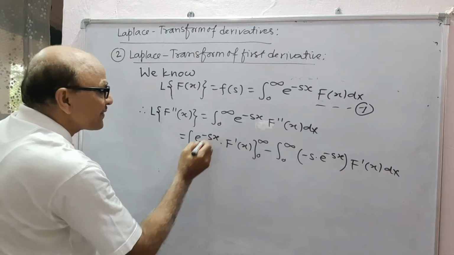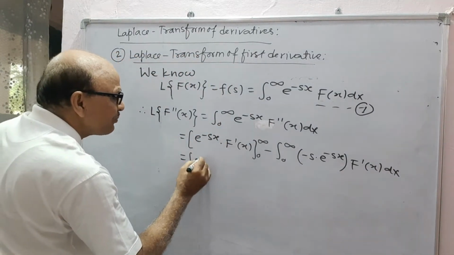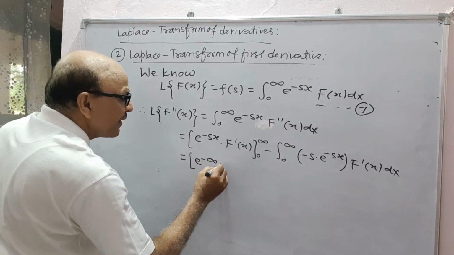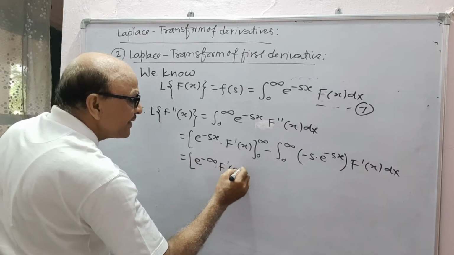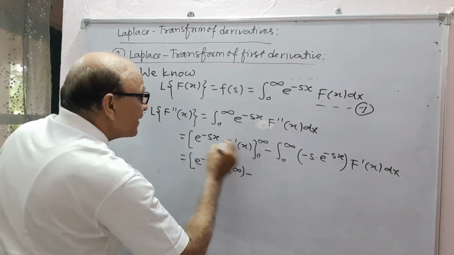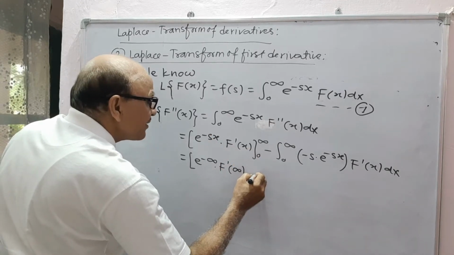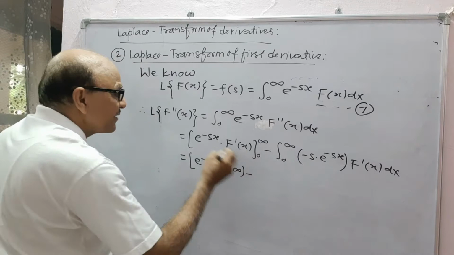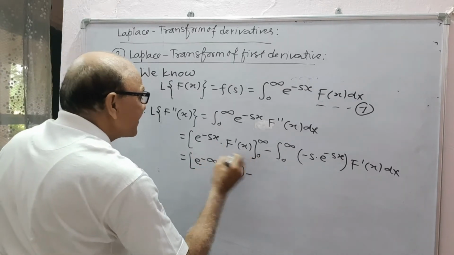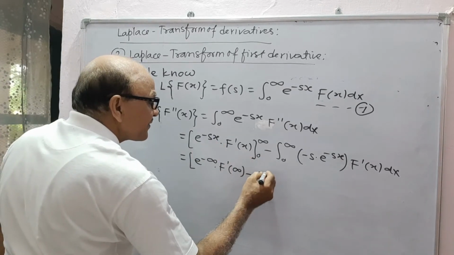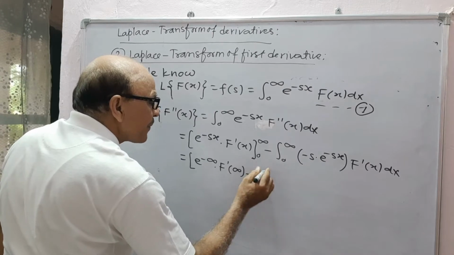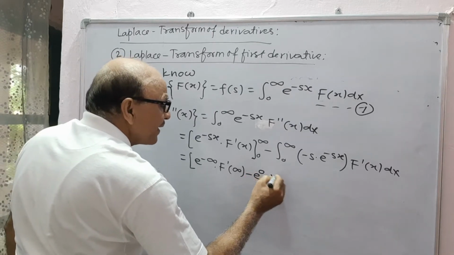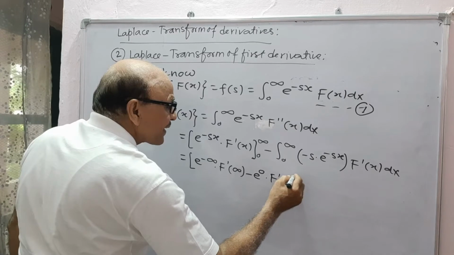Again the first term becomes 0, as e to power minus infinity into f dash infinity. Minus the second, the lower limit gives e to power minus 0, e to power 0 into f dash 0.